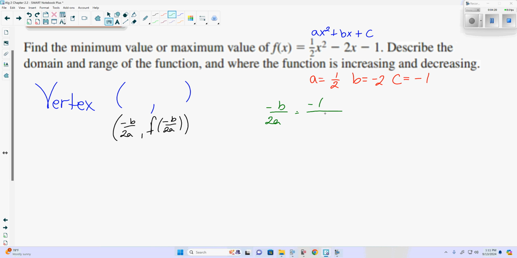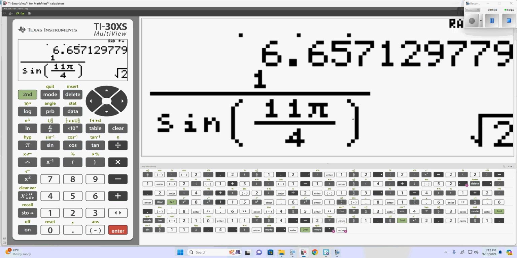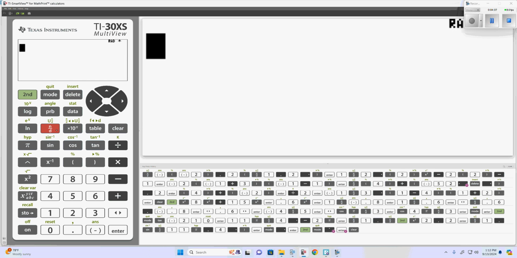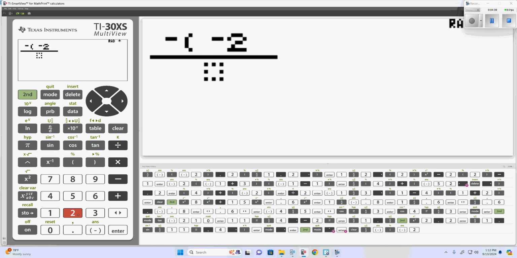So we'd have negative negative 2 over 2 times 1/2. At this point, we can do it by hand or we can do it in the calculator.